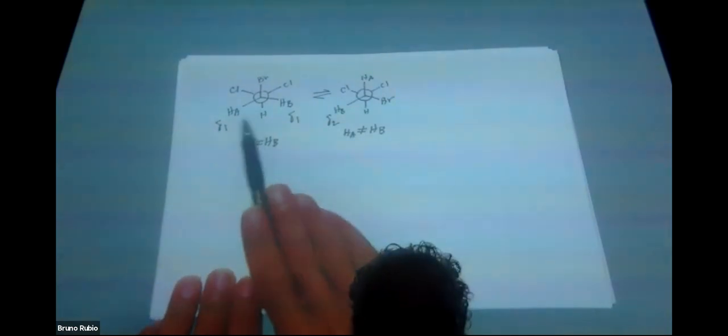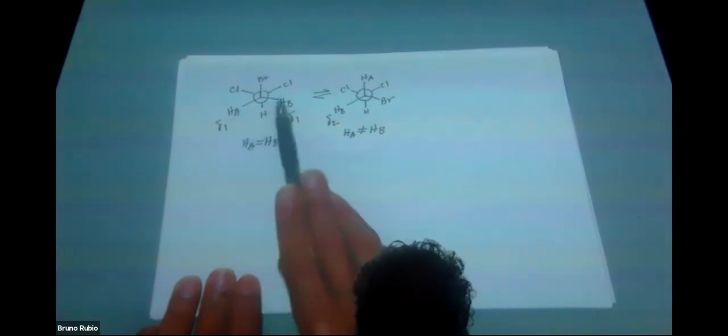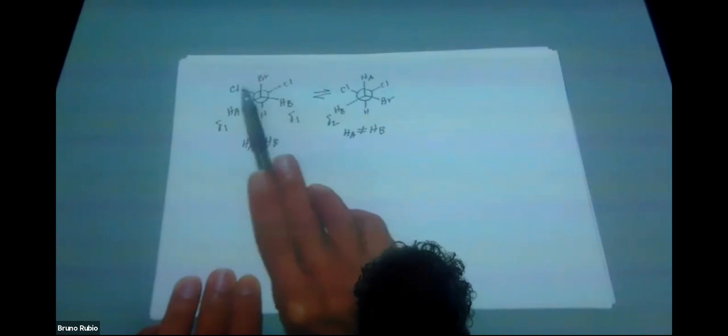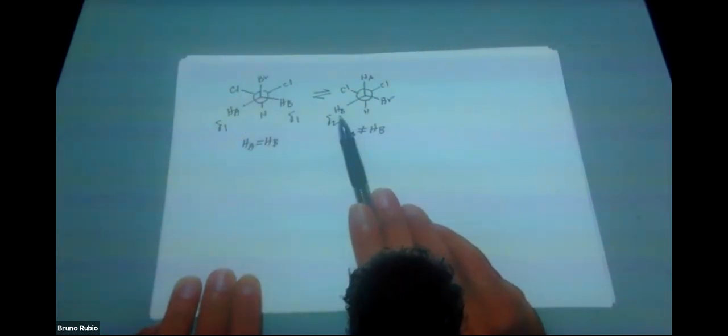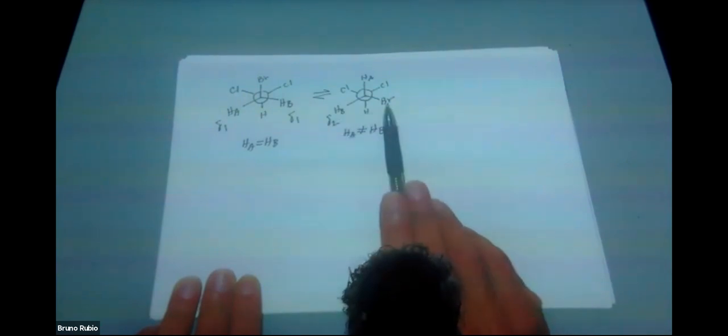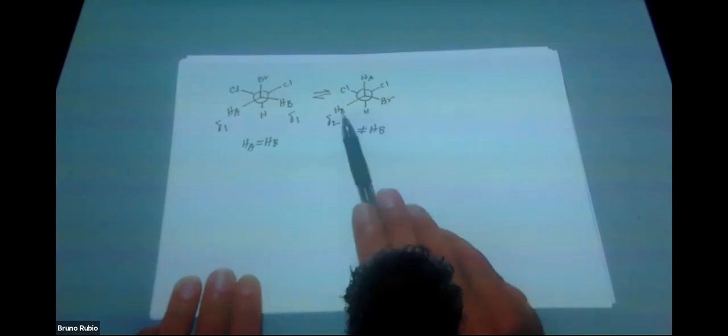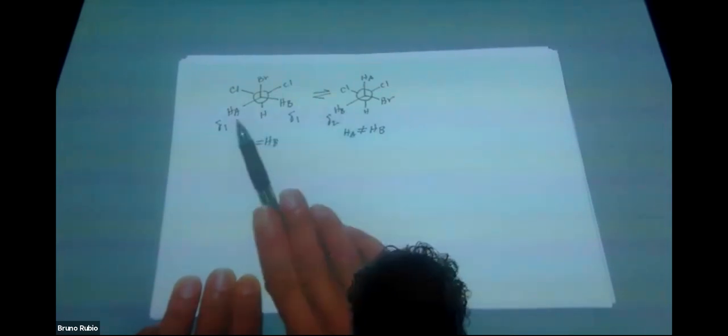When the proton is at 8 o'clock over here, the bromine is sandwiched in between the two chlorines. When the proton is at 8 o'clock in this Newman projection, the bromine isn't sandwiched between those two any longer. This proton is in a different chemical environment. It's distinguishable from this proton.